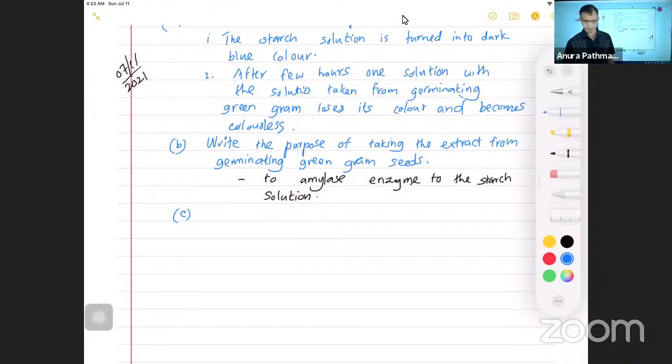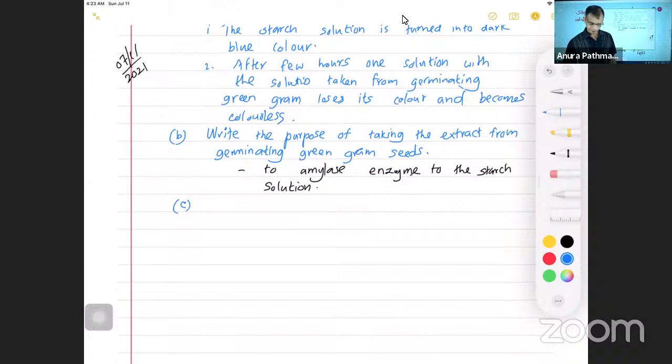Part C is: in the human digestive system, starch digestion takes place.